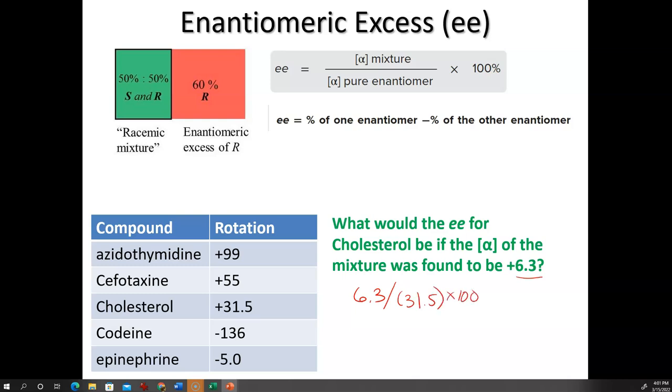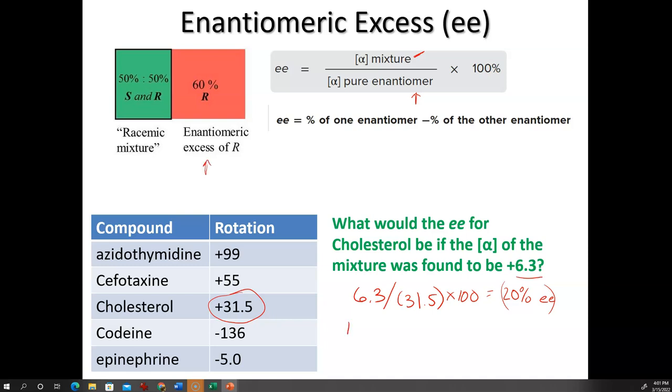So that is the mixture, the 6.3, divided by the pure enantiomer, which we can see is 31.5, multiplied by 100, and then I would get 20%. So that is the enantiomeric excess, the EE.